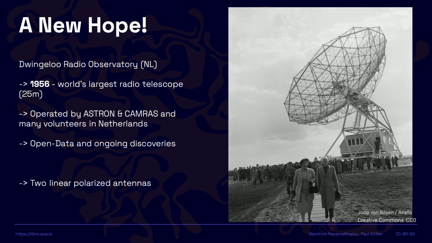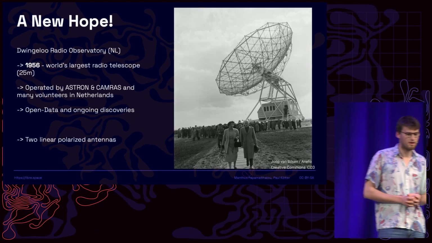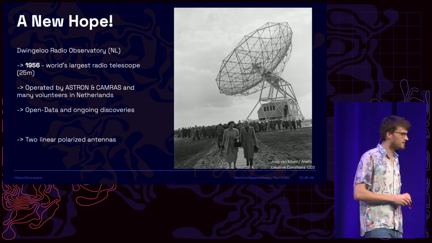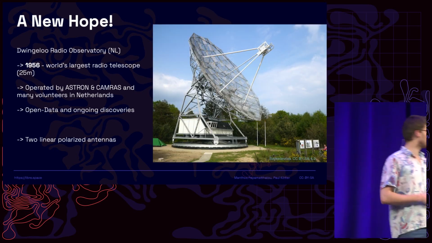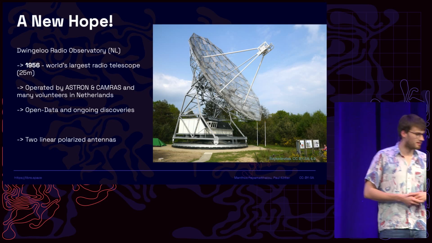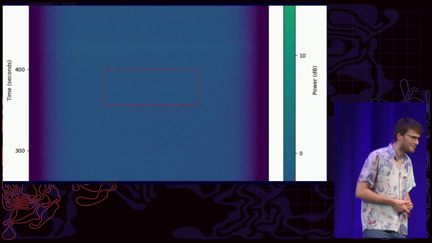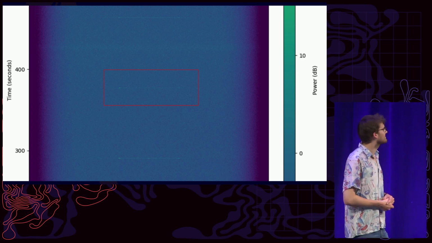They really have open data in mind and do still ongoing new discoveries. Recently, I think it was even in the media for seeing Voyager 1. And they have 2 linear polarized antennas in front feed design, basically. And they decided to take a look. And we saw a signal.